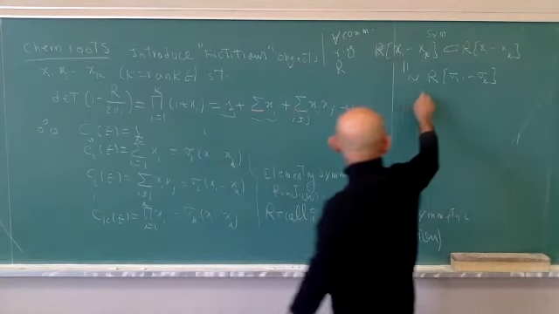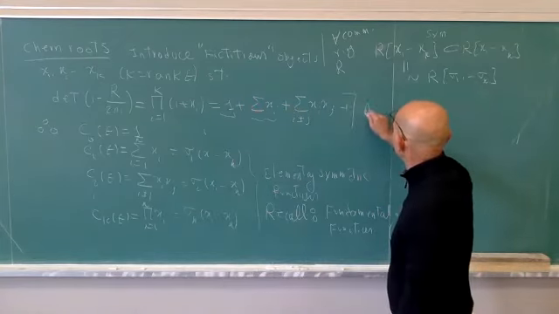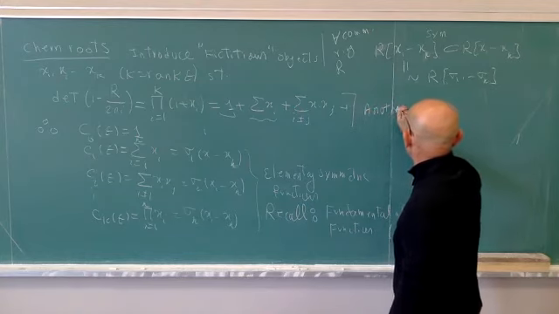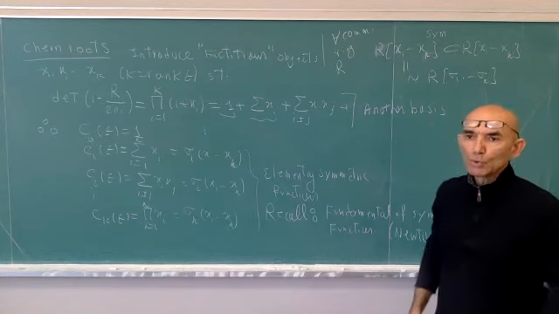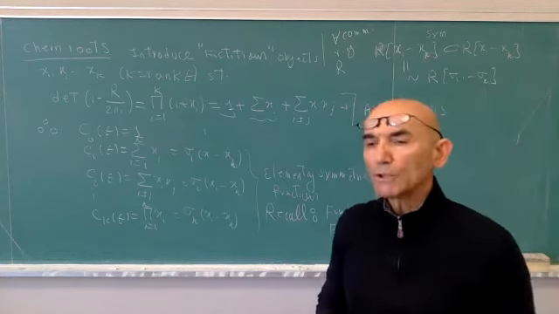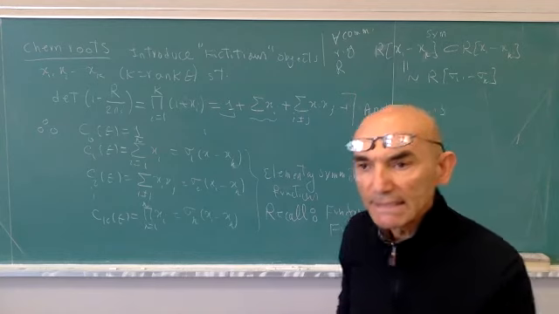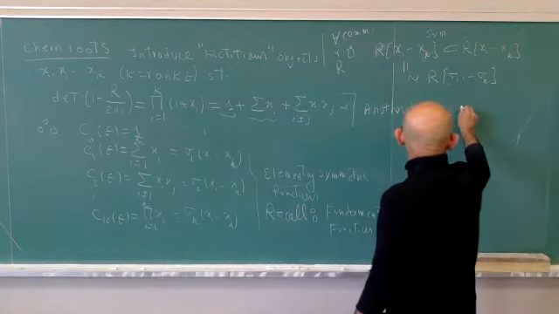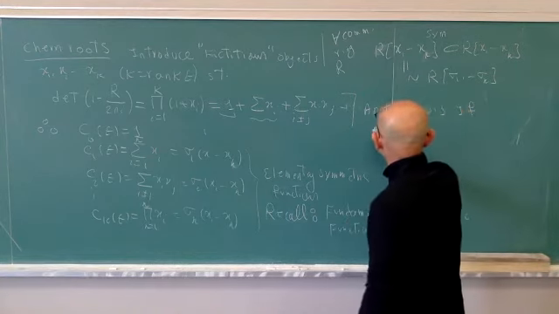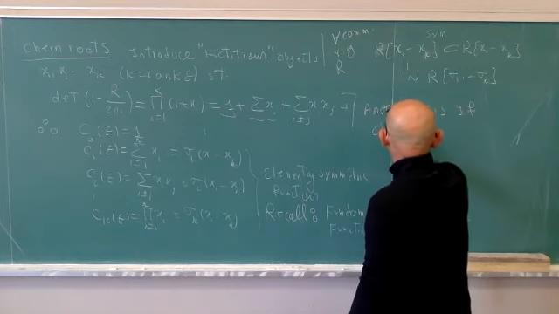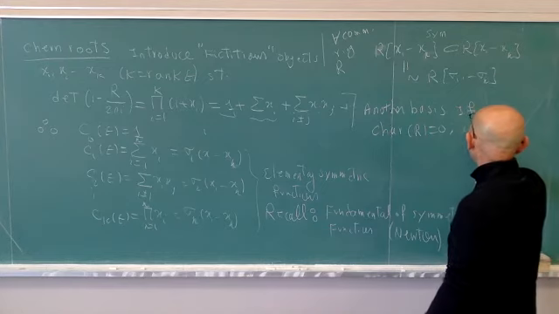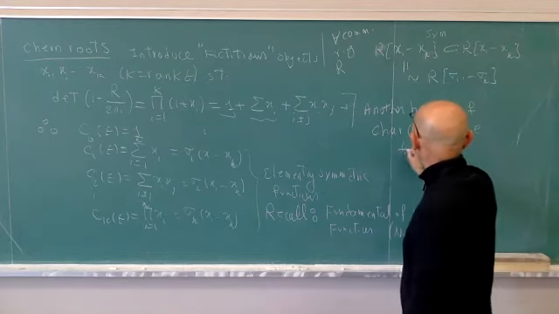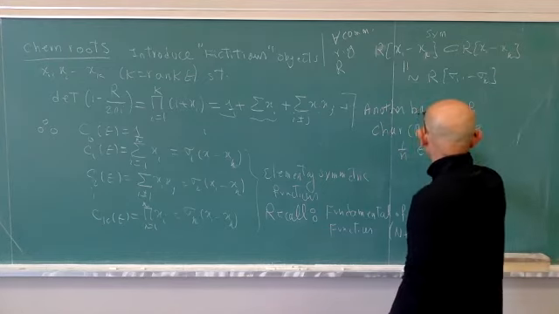There is another basis here. If you assume that your ring R has characteristic 0, by this I really mean that 1 over n belongs to R for all n.